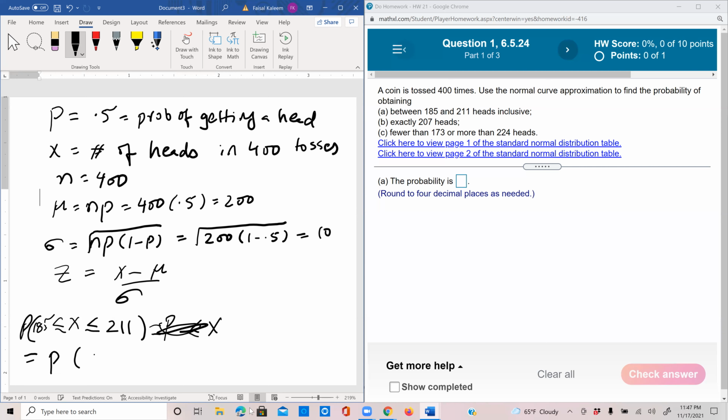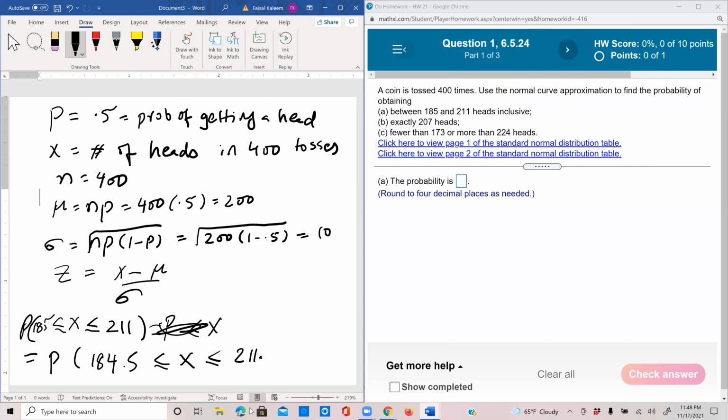So let's do it in the next line. Probability x is greater than or equal to 184.5, because greater than 184.5 will round to 185. And in this case, it would be less than or equal to 211.5.